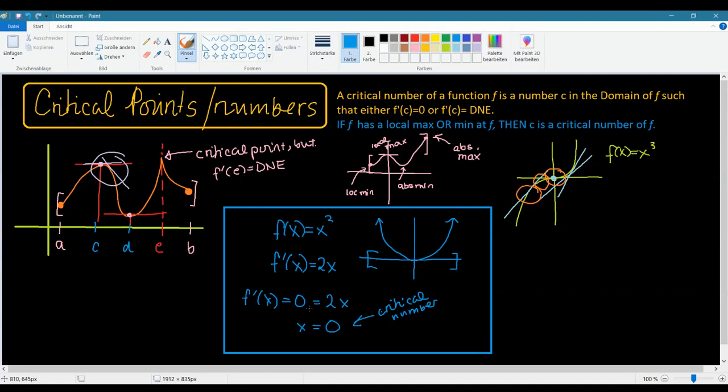I mean, we know that on the derivative it's 0, but we do not know what it is on the original function. So now we're going to plug 0 into f of x, and we're going to find that f of 0 is 0 squared, which is 0. And now we know that our critical point is 0, 0.